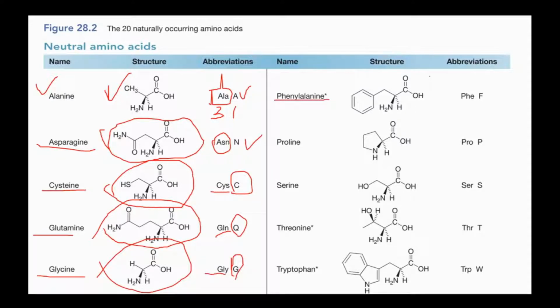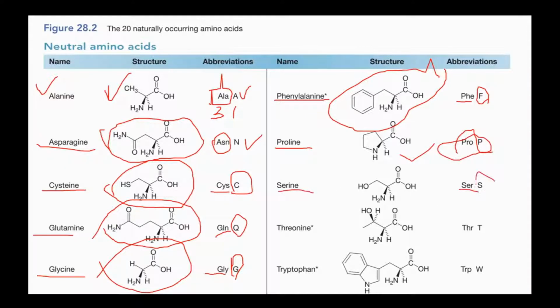Phenylalanine, that is the structure of phenylalanine, PHE, and this is our F. Proline, this is the structure of proline, PRO, and the 1-letter code is P. Serine, SER is the 3-letter code and S is the 1-letter code. Threonine, THR, and T is the 1-letter code.